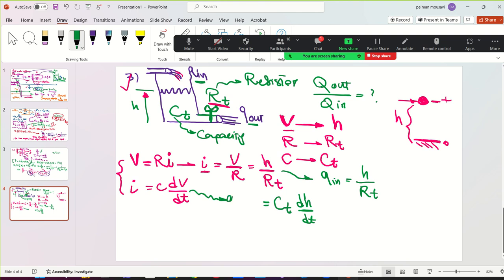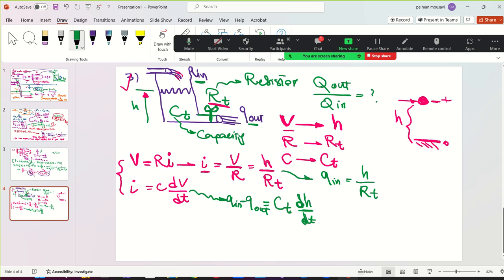It's going to be Q in minus Q out, the net flow rate. D means change. You got it? Everybody? Q in minus Q out.